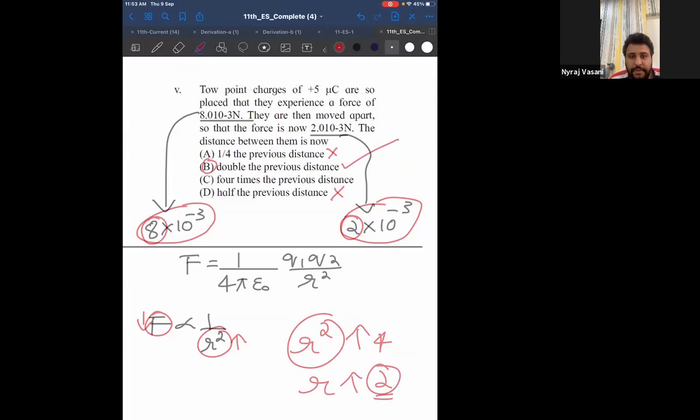Understood now? Okay. If you're not understanding, try it again, then I'll explain once more. Before that, try to do it on your own and let me know if you've got the answer. Okay, this is the calculation on the screen.